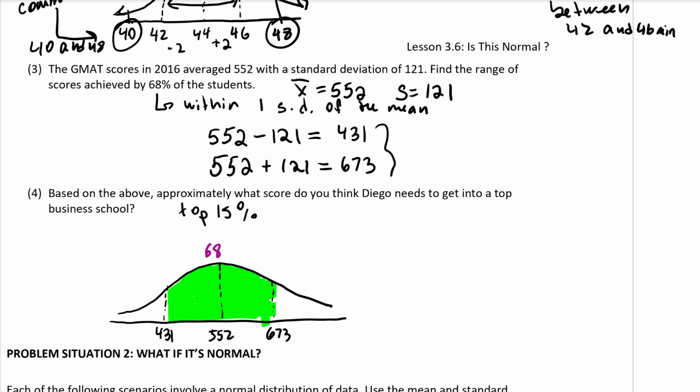So that's 68. Now, what about the rest? There's a property of the normal distribution that the curve is completely symmetric. That means that right here cuts the distribution into two equal parts.